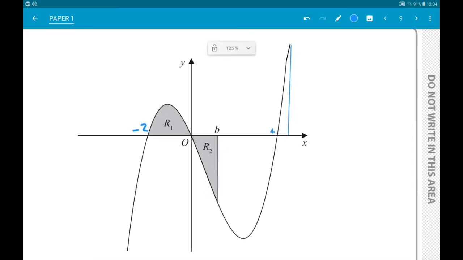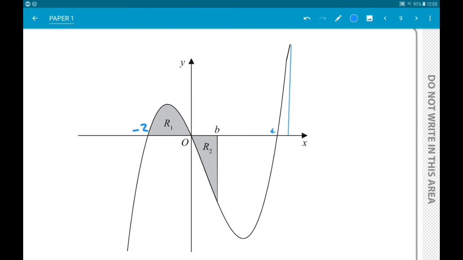So 5.442 is to the root of 4. So what we were dealing with was the integral between minus 2 and b was equal to 0 because R1 and R2 had the same area, but 1 was above and 1 was below the x-axis.